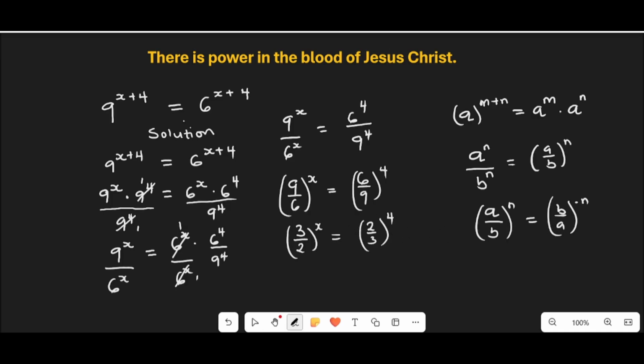I can say 3 over 2 all raised to power x equal to 3 over 2 all raised to power minus 4. Since the bases are the same, I can equate the exponents. x equal to minus 4. So the value of our x is minus 4.